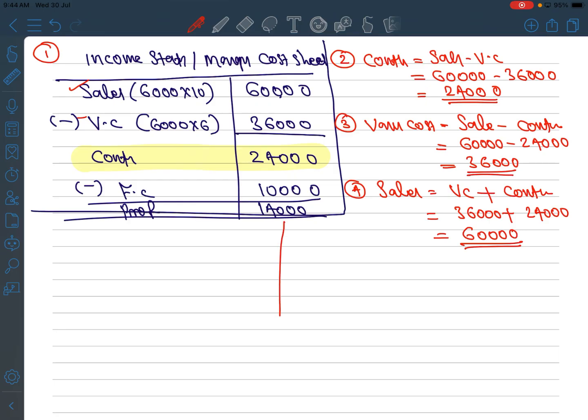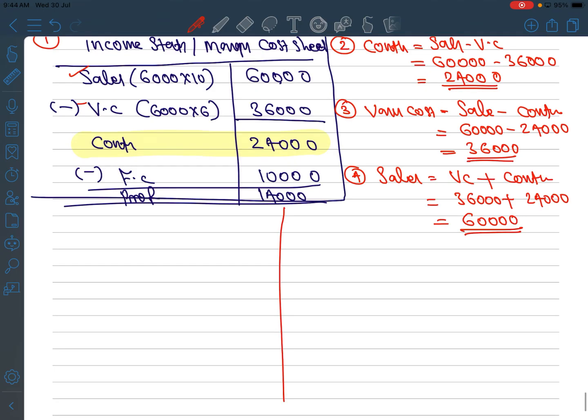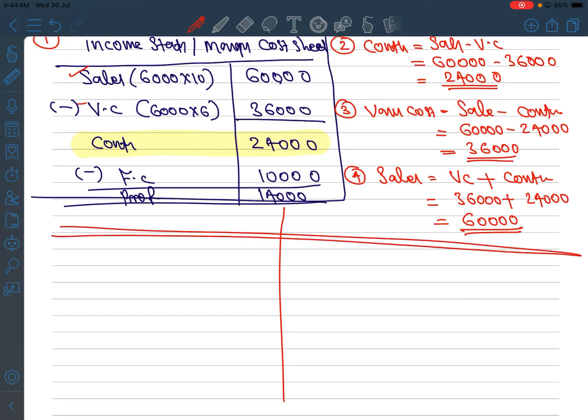Then the fifth one: profit is equal to contribution minus fixed cost.